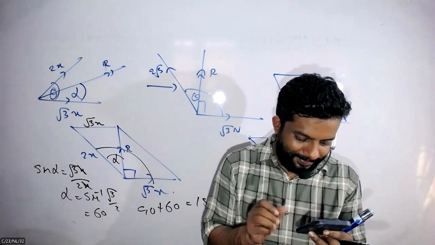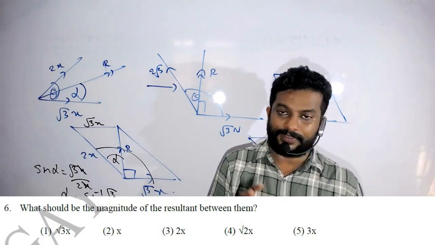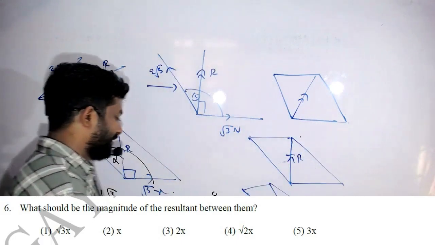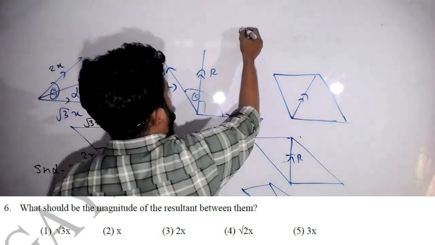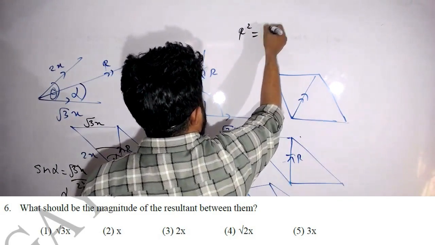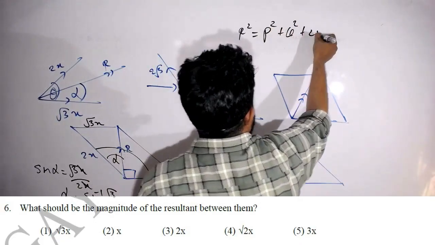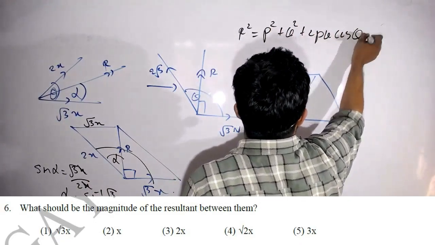Right, in question number 6, you need to find the magnitude of the resultant. Once you find the angle between the two vectors, you can apply the equation to find R. R squared is equal to P squared plus Q squared plus 2PQ cos theta.